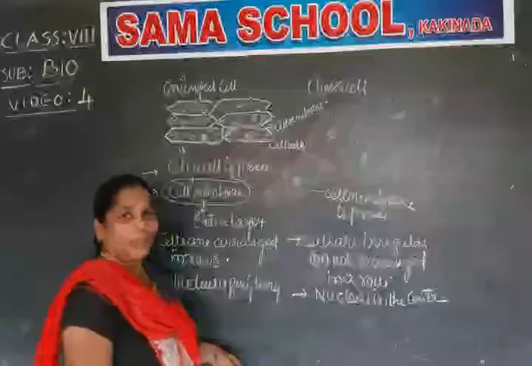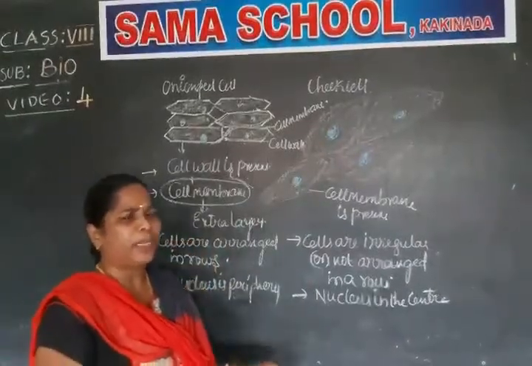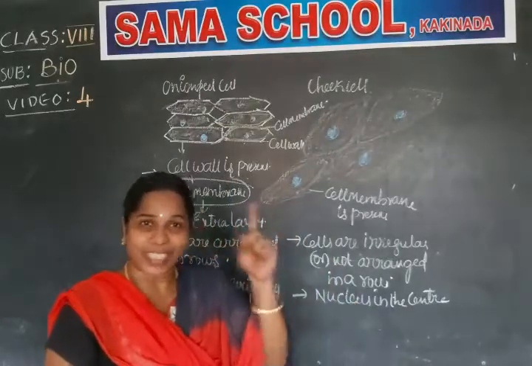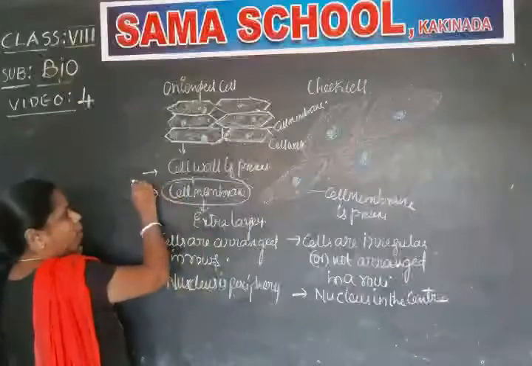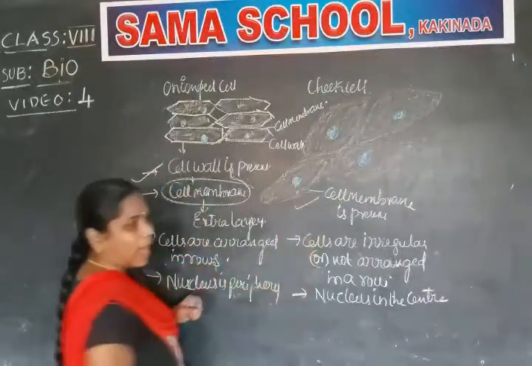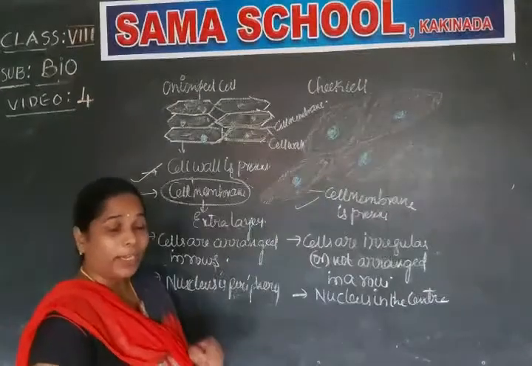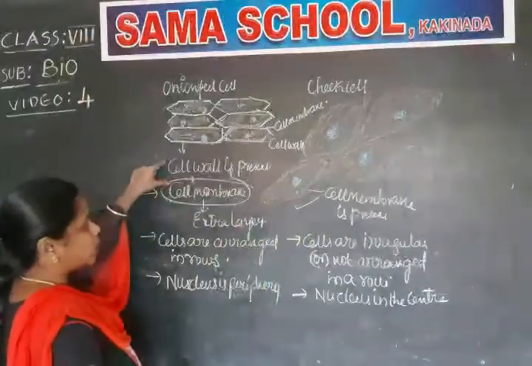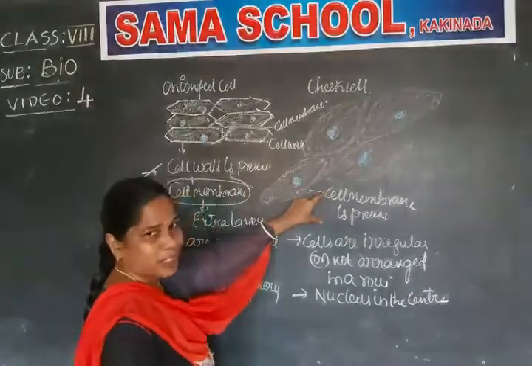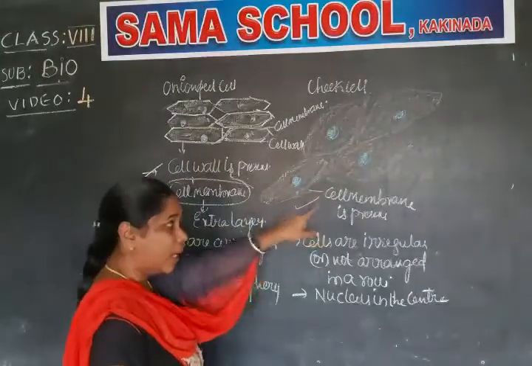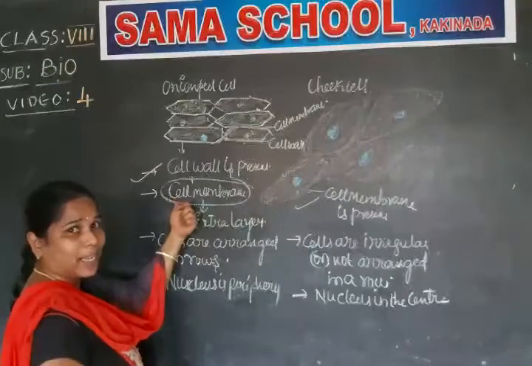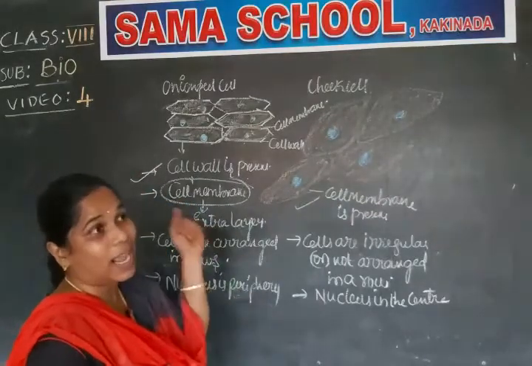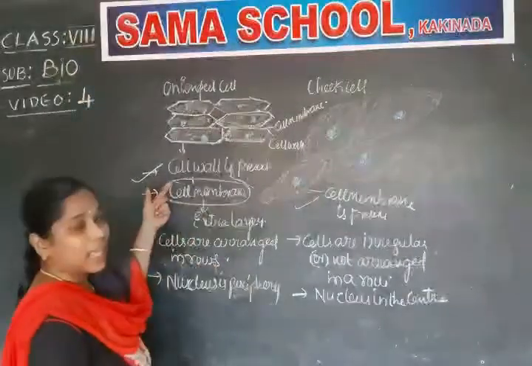You can then ask, ma'am, what is the major difference between a plant cell and animal cell? I have to write all these? No, only the first major thing: here cell wall is present, here cell wall is absent. From the examination point of view I am saying this. Here cell membrane is present, and in the plant cell also cell membrane is present, but the extra layer which surrounds the cell membrane is called cell wall.